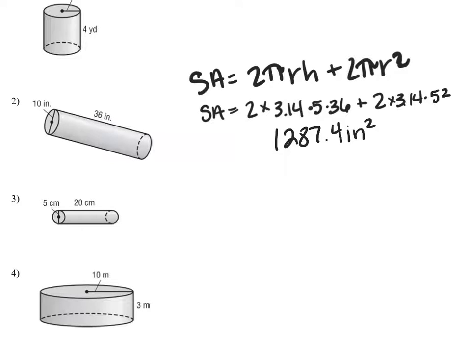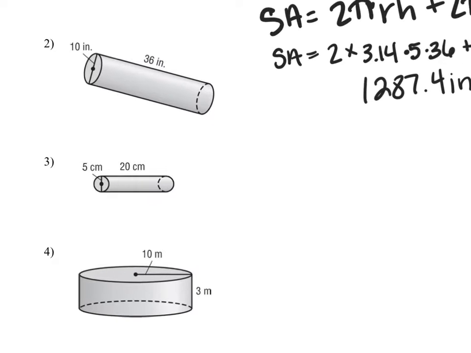So make sure you note the difference between diameter and radius. This one also has a diameter, so you need to cut that in half.